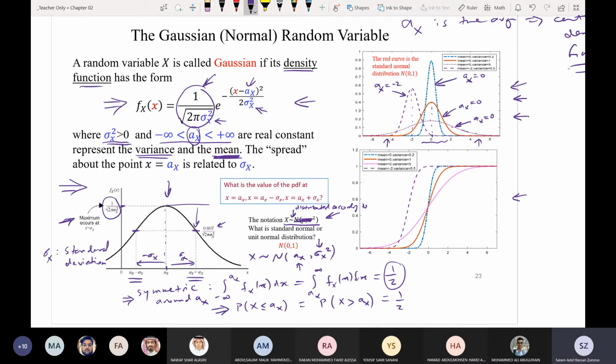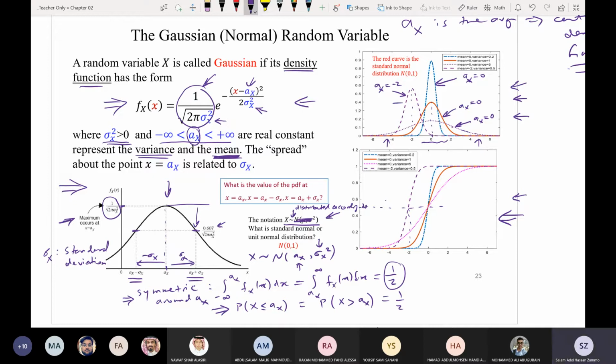Now the CDF looks like this. For the same PDFs above, the CDF looks like this. You notice the CDF happens to exceed half at the mean.